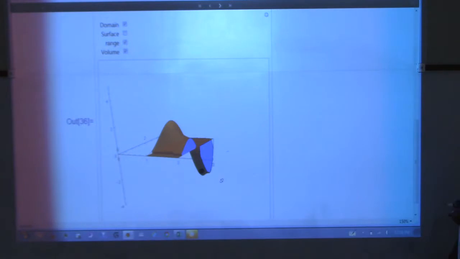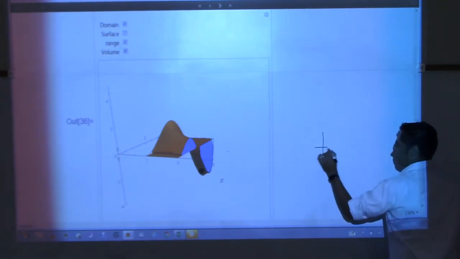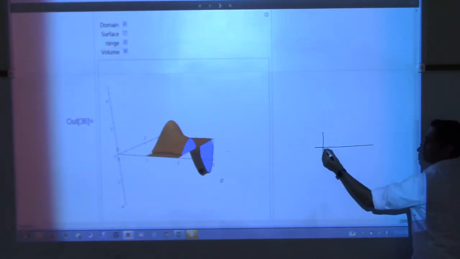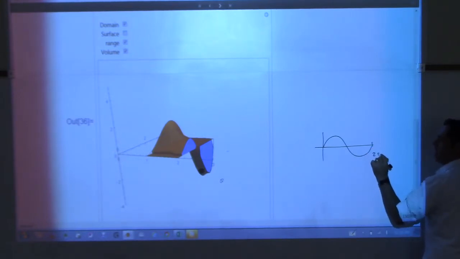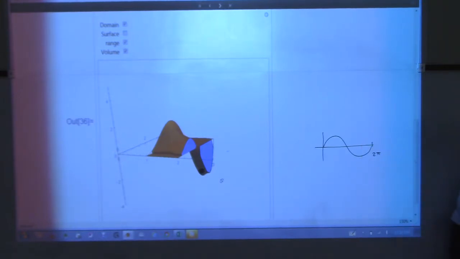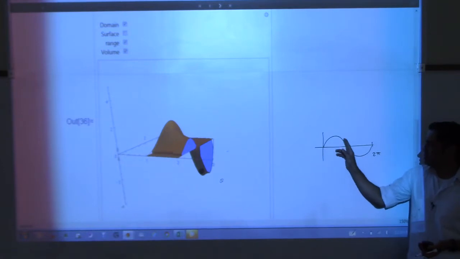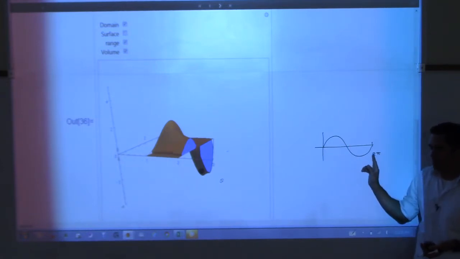Which is weird. But do you remember on integrals in two-dimensional space, if you took the sine curve, let's say, and you were to go from 0 to 2 pi, and you were to find the area, what would you get? You would get 0, wouldn't you? Because when you do integration, it counts this as positive area, and then this as negative area.